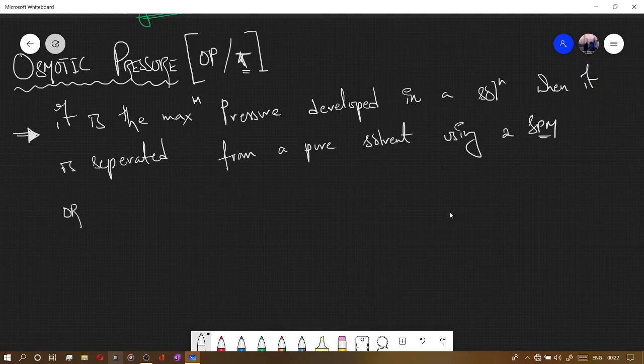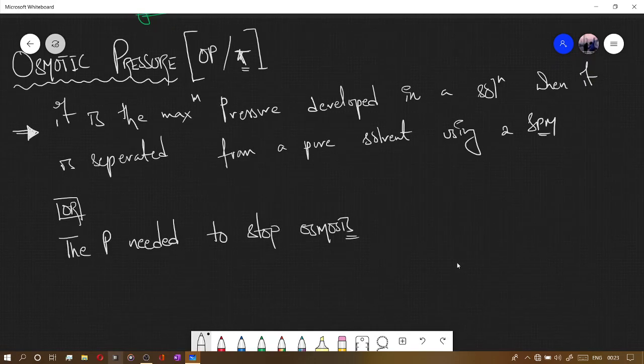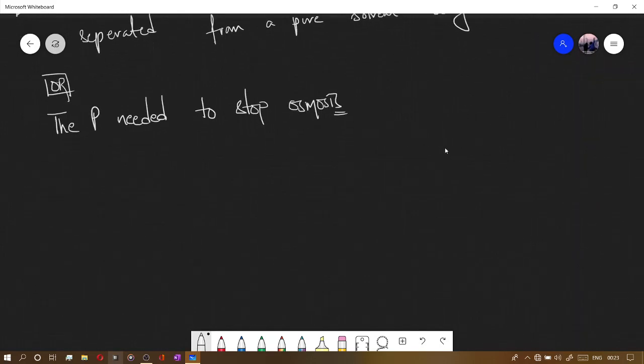Or the most popular definition is, the pressure needed to stop osmosis, as in reverse osmosis and making hard water potable. Yes, that concept exactly. Which side is this pressure applied? Yes, that will be the question for today.